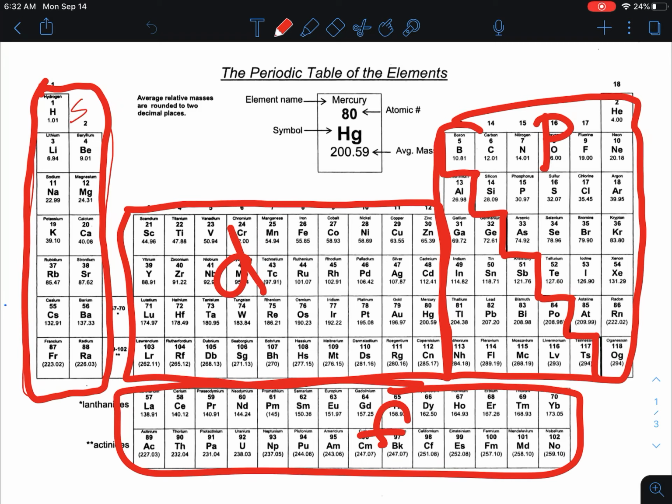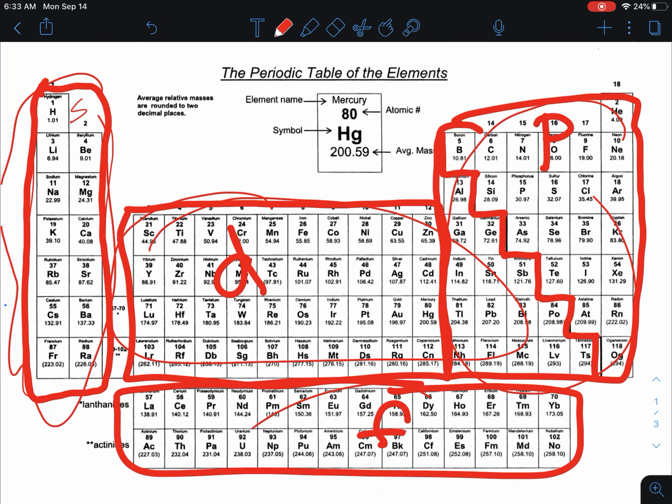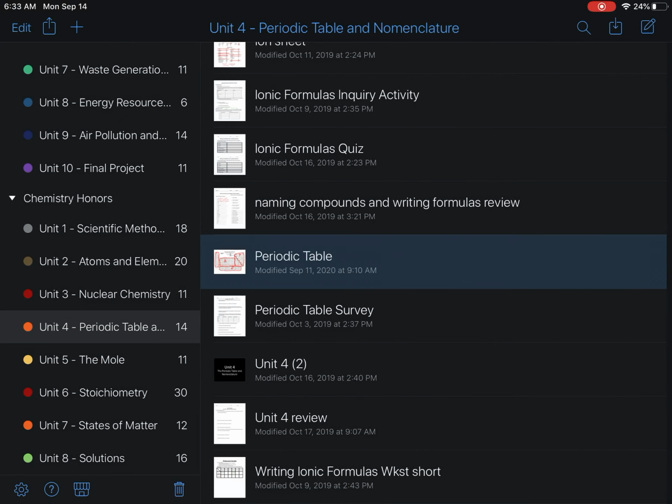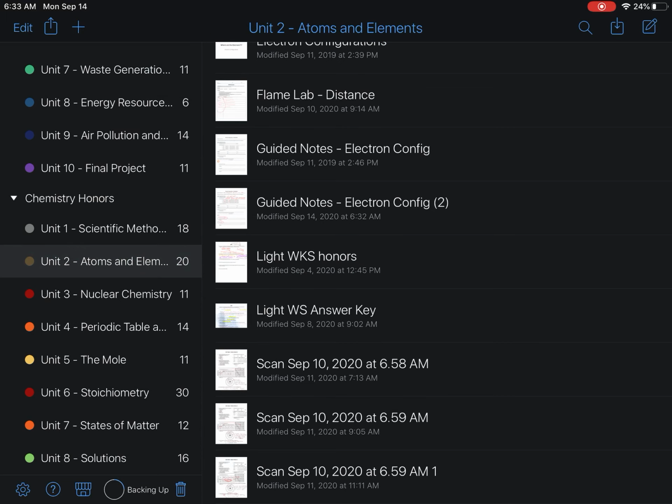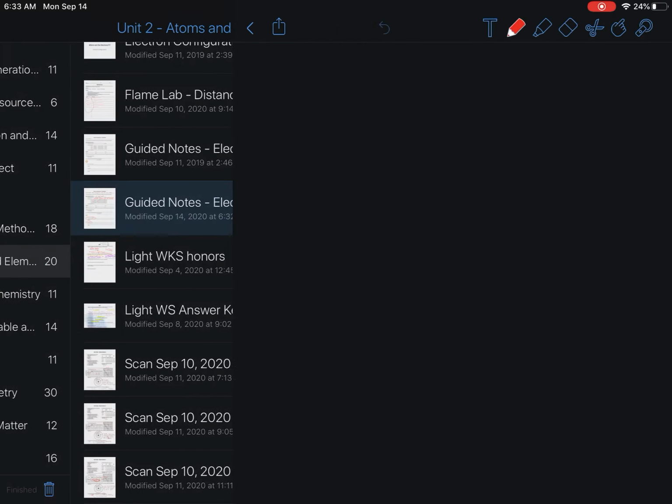Anytime you're over here on the left side, that's your S sublevel. Anytime you're in the middle, this is the D sublevel, and this is the P sublevel and the F. We'll get back to what that means in a little bit.